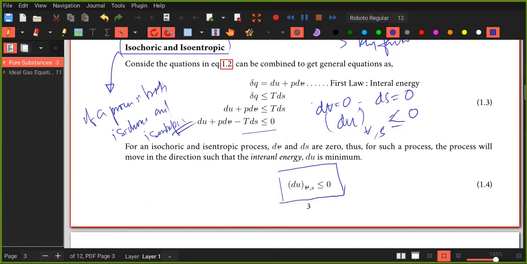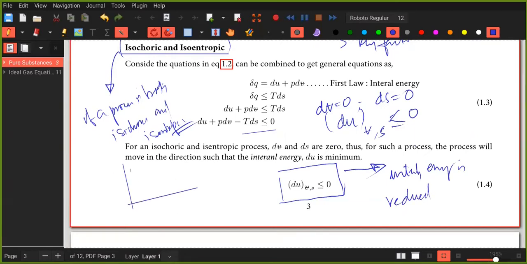So the reaction will proceed in whichever direction the internal energy is reduced. It is just like this: if we approach from this direction or this direction, the internal energy is minimum, it tends to go there. Okay, this is a special case.